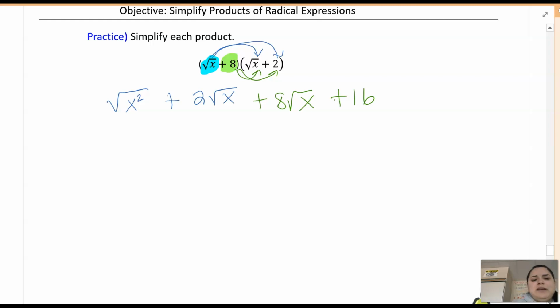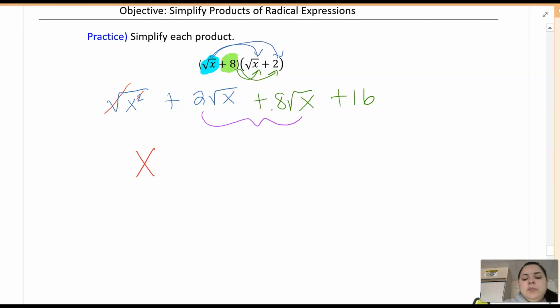And then you want to combine your like terms and get rid of stuff. So this in the beginning right here, square root of x squared, the square root and the squared cancels. So you're just left with x. And then these two right here, again, let me use a different color because it kind of looks like the red.